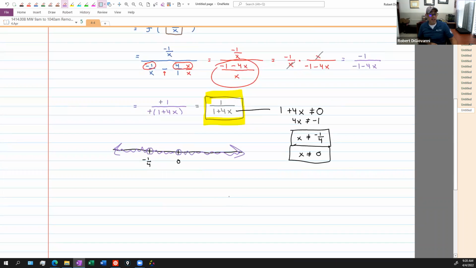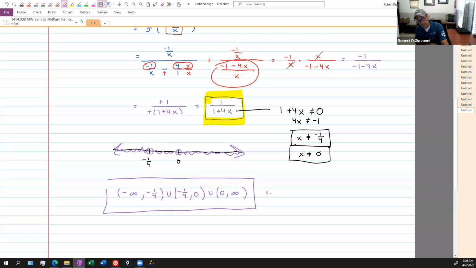So the way we'd write that in interval notation would be negative infinity to negative 1/4 parenthesis, because we don't want to include negative 1/4. Union, now continue negative 1/4 all the way till we get to 0. Again, don't include 0. And then from 0 to the right forever to infinity. So that's the interval notation of the domain.